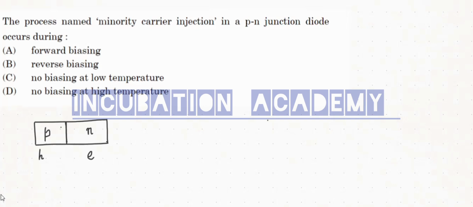So when the junction is just formed, what will happen? The diffusion process starts. The holes from the positive side, or the P side, enter into the N side, and electrons from the N side enter into the P side. So what will happen?